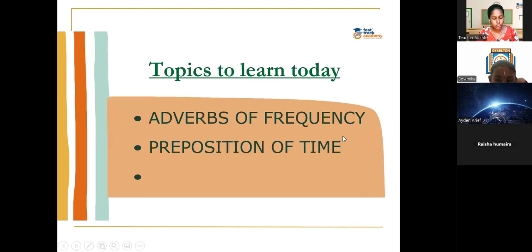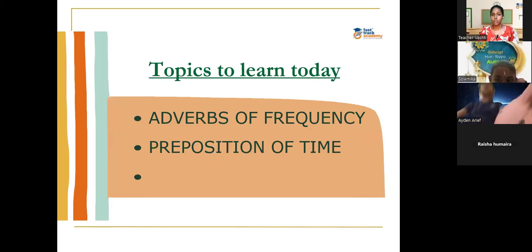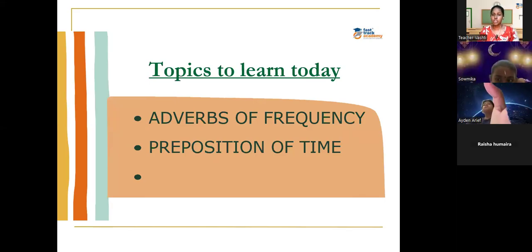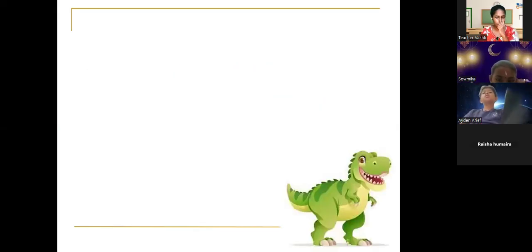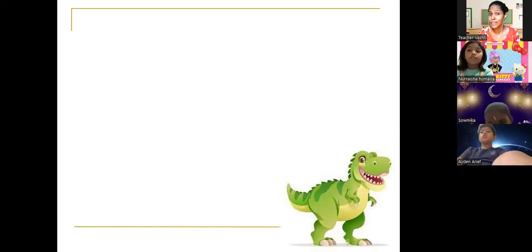Okay, so as I mentioned earlier, today we are going to learn adverbs of frequency and preposition of time. Can you see the animal on your slide? What animal is that? Dinosaur. It's a dinosaur.